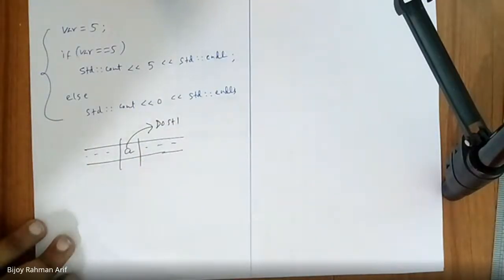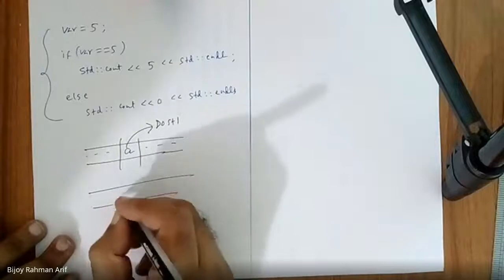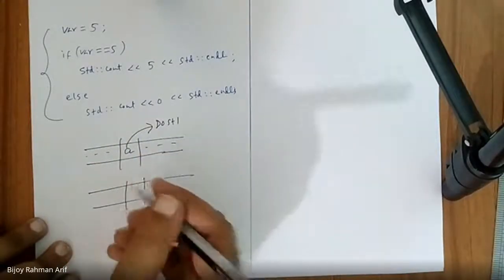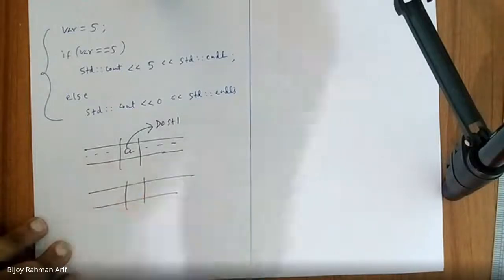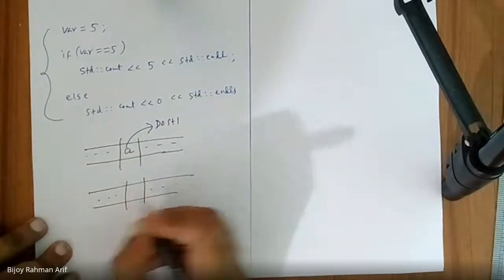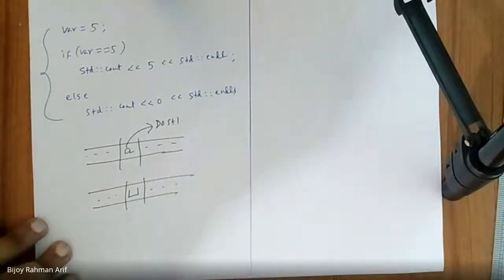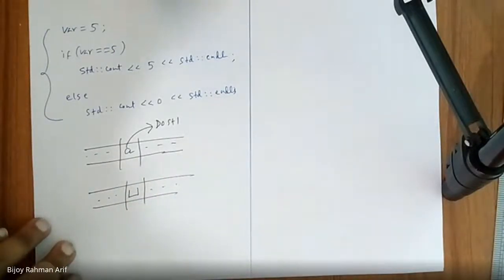Now in a Turing machine, you can also delete any middle entry of the buffer. So let's assume I delete this A and make it blank. Blank is a special symbol included in the Turing machine.